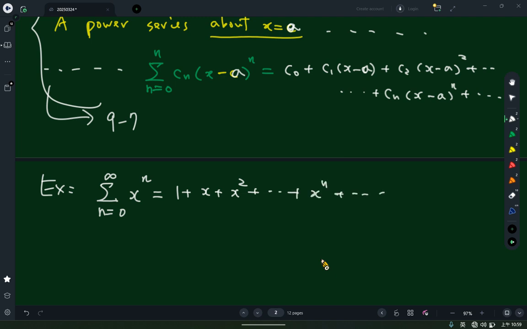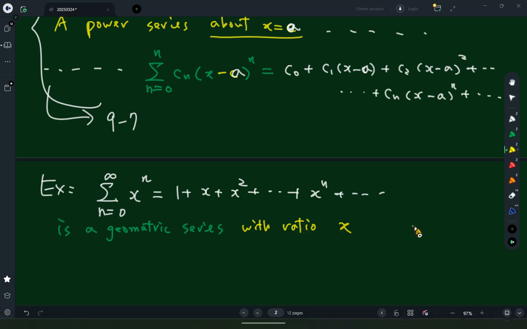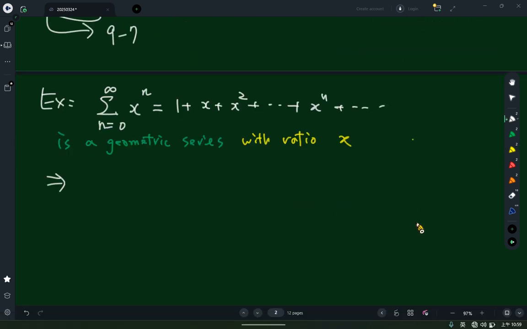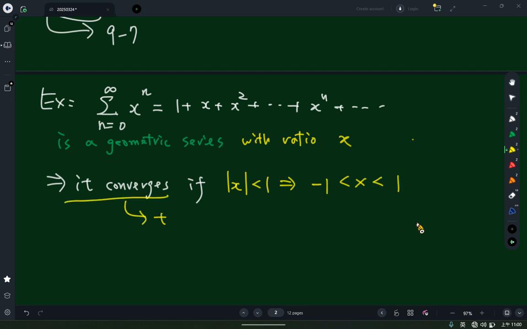Actually, this is a geometric series with ratio x, and it will converge if the absolute value of x is less than 1, that means when x is from -1 to +1, it will converge to 1 over 1 minus x.